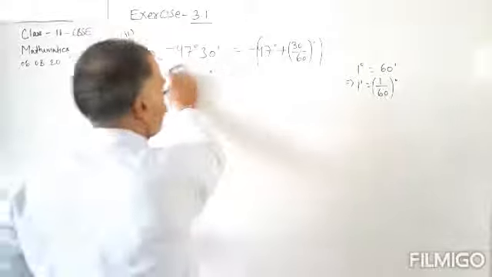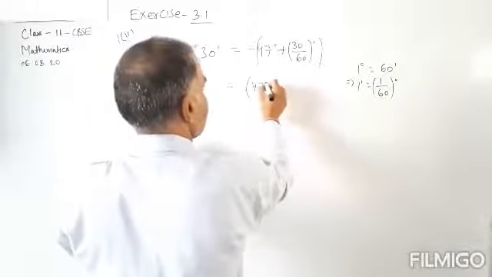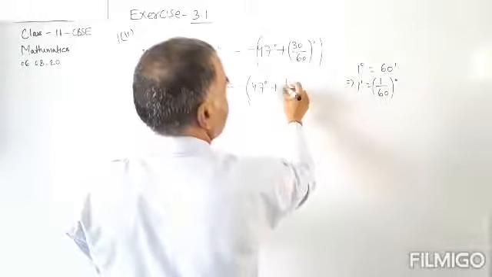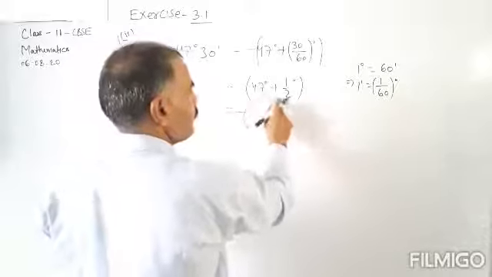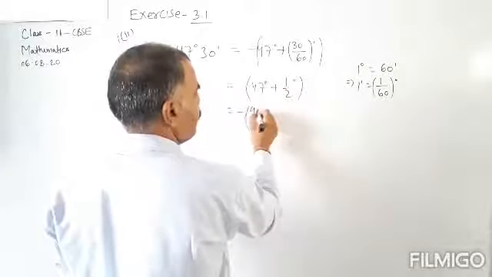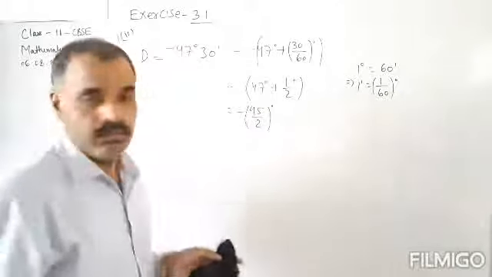After solving, this equals minus 47 degree plus 1 by 2 degree. So minus 47 plus 1 by 2 is minus 95 upon 2 degree.